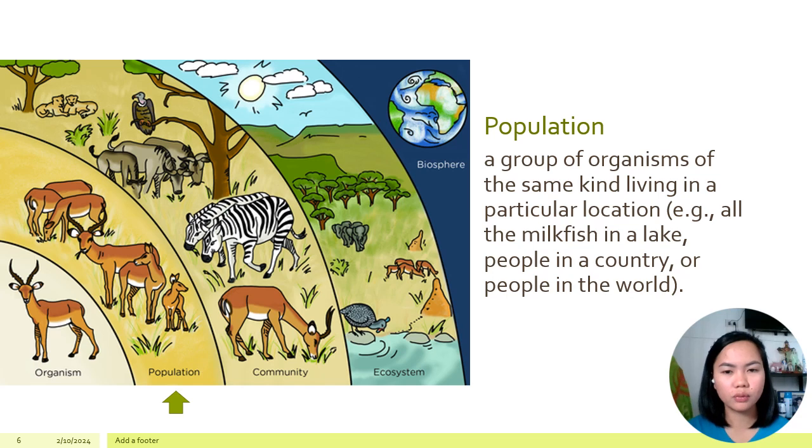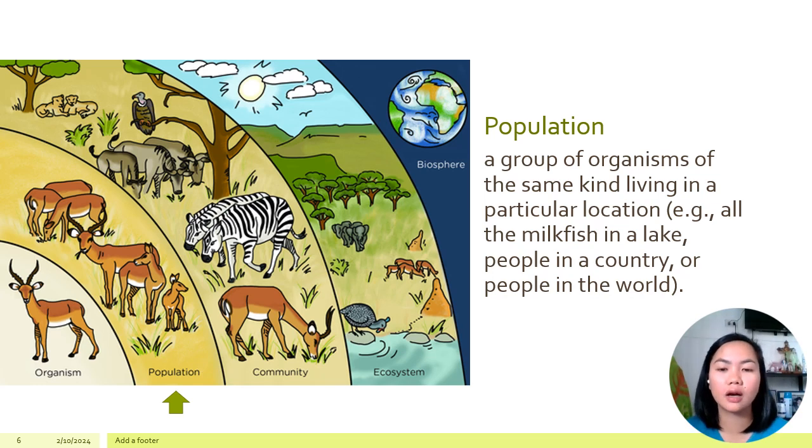But if we are grouped together with our same kind, mga kalahi nato, like this deer right here, na siya yung mga family members niya, na yung mama, na yung papa, na yung mga relatives, they become a population.